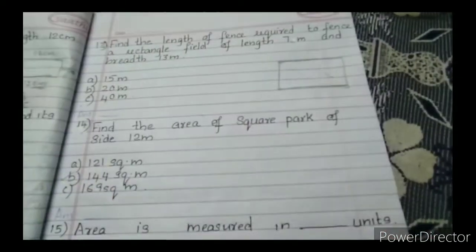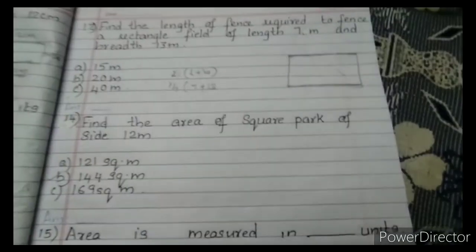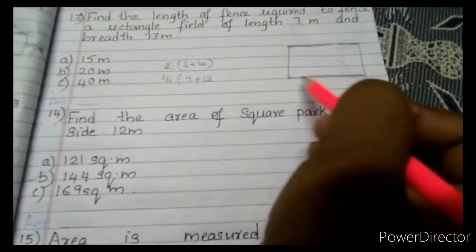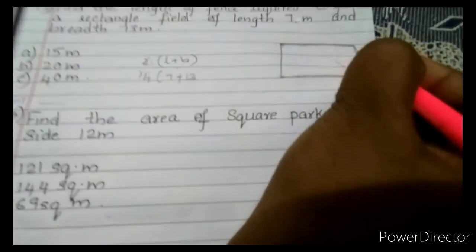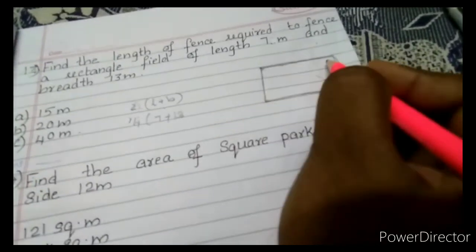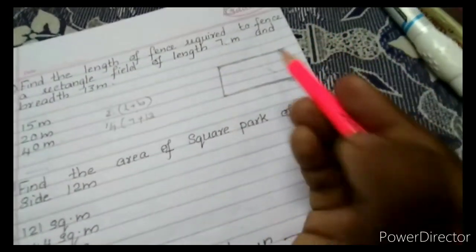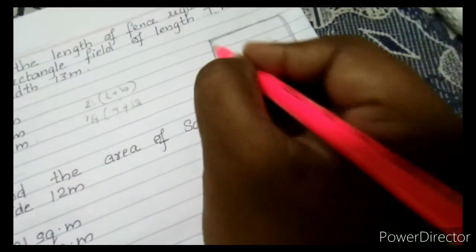So, we have to find out only the length of the fence. Okay, this is the fence. Not the area of this one, only the length. That means the perimeter, the length of the boundary.